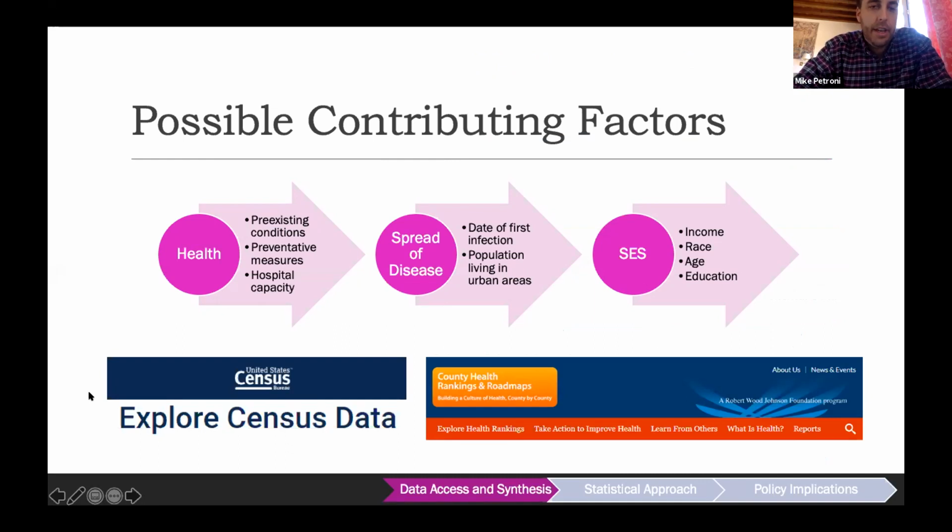So looking at the relationship between COVID-19 and mortality and pollution doesn't paint the full picture. So we needed to draw on several different potential confounding variables. These include things related to health and healthcare, things like hospital capacity in a county, smoking rates, obesity rates.